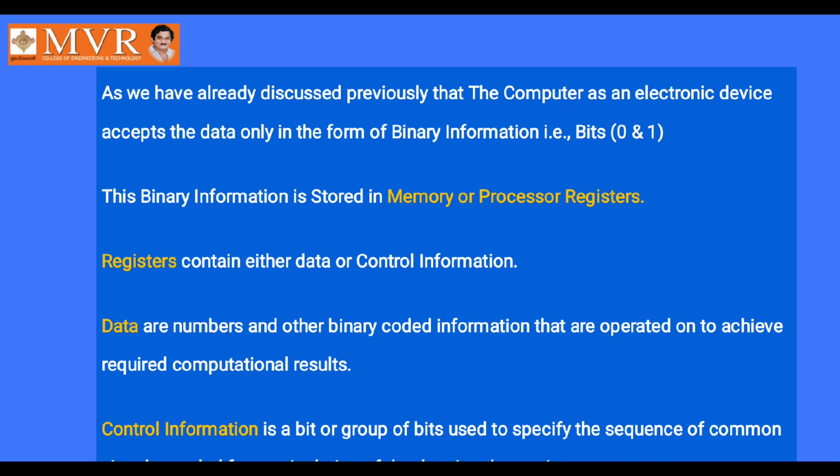It is a sequence of command signals to manipulate the data in the registers. Whatever data is in the registers or in the memory, if you want to perform some manipulations or operations, we need information generated by the control unit, called control information.